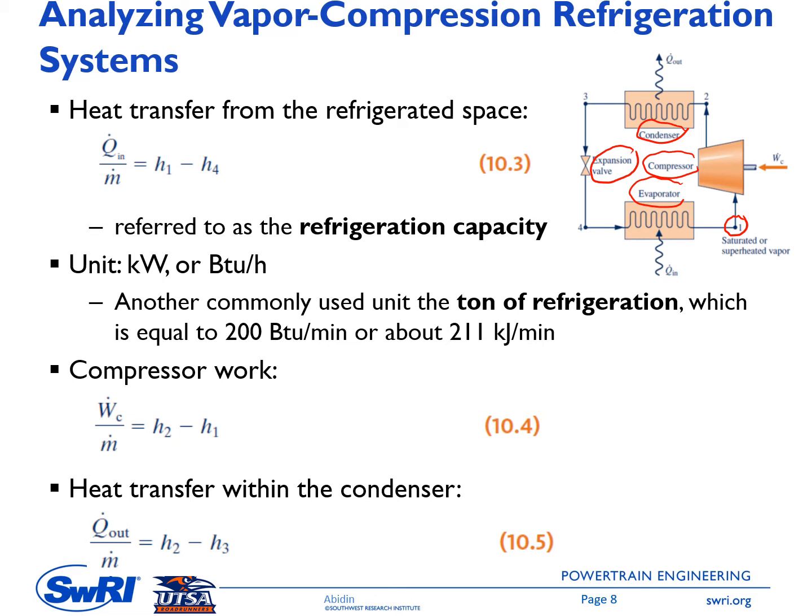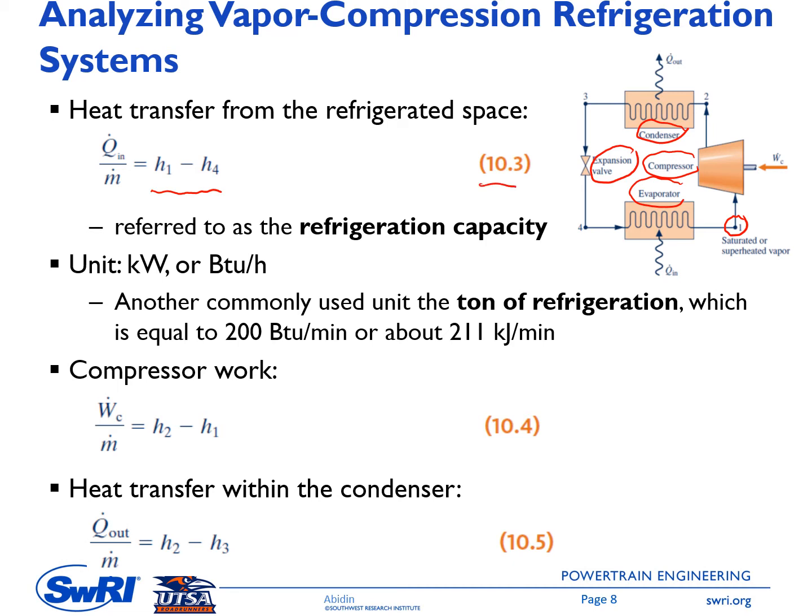The next parameter that we need to quantify is the heat transfer from the refrigerated space. It is Q dot in over m dot. In this case, it is formulated as the enthalpy difference between state 1 and state 4, equation 10.3.